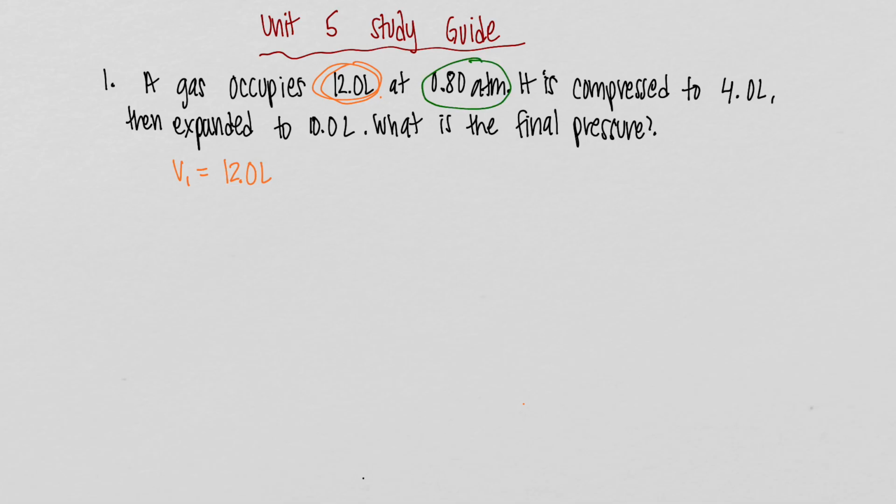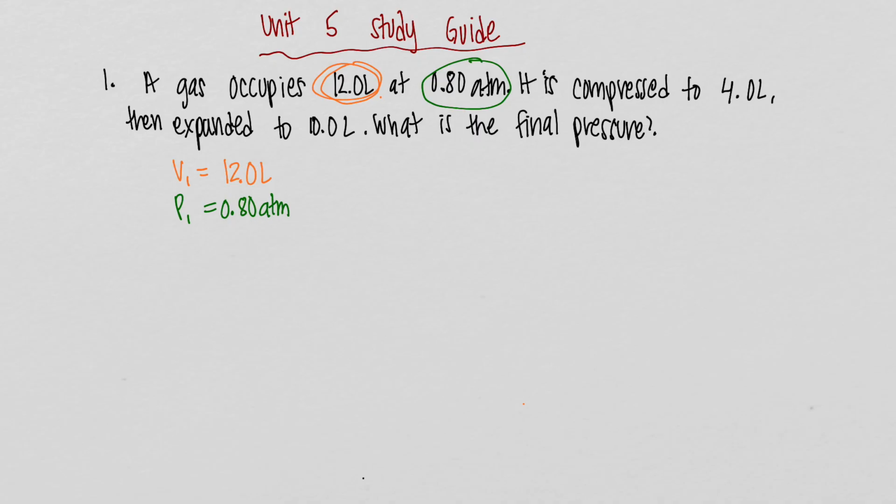Then we have 0.80 ATM. We know that ATM, atmospheres, is a pressure unit, so that should be our P1. And it says it is compressed to that and then expanded to that. So we have 2 more volumes. What is the final pressure?